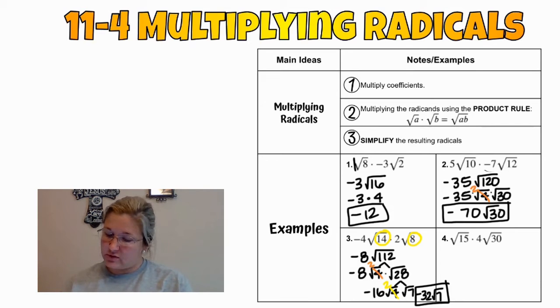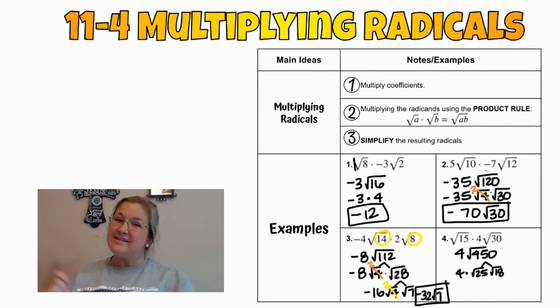So I'm going to have 1 times 4, which is going to give me 4, times the square root of 450. I'm going to take 450 and divide it by 25 because I know that it ends in a 50, so I know 25 has to go in. So it's 18. So the square root of 25 times the square root of 18, and I have 4 times that.